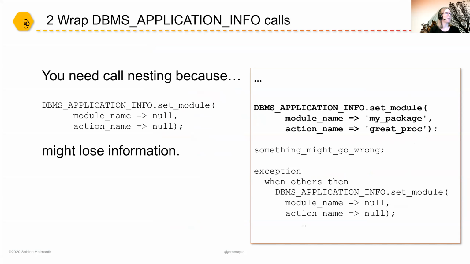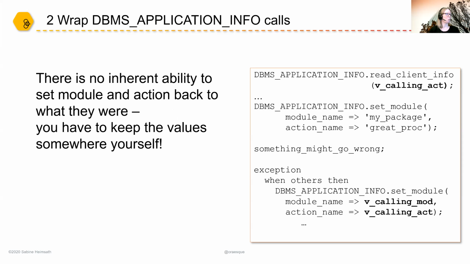The only trouble is it doesn't remember the state it had before. So when we say null and go back to the calling procedure, the info is not reset to what the calling procedure set it to. So we need to remember that ourselves. Just keep the values somewhere else so that the calling method can actually set it back to what it was before.